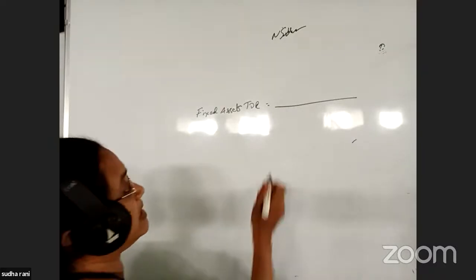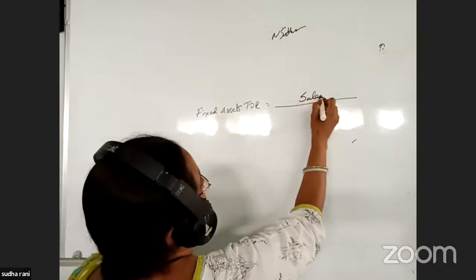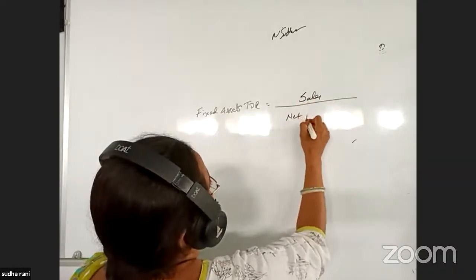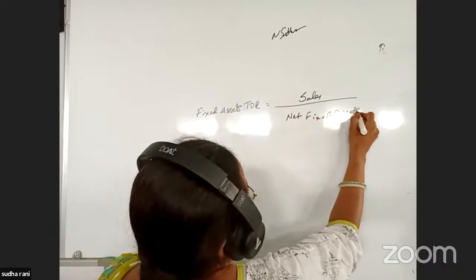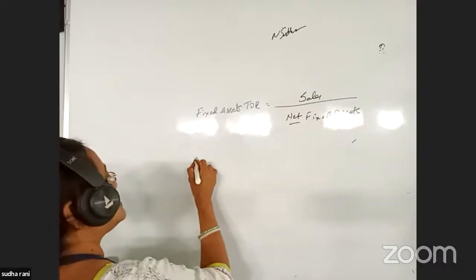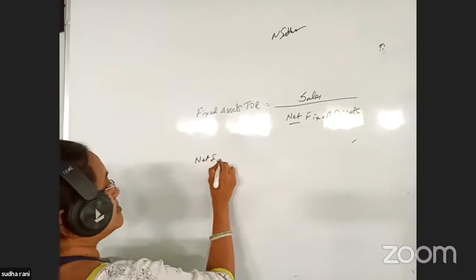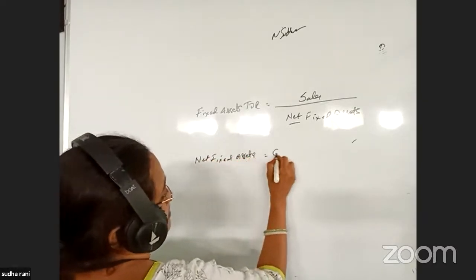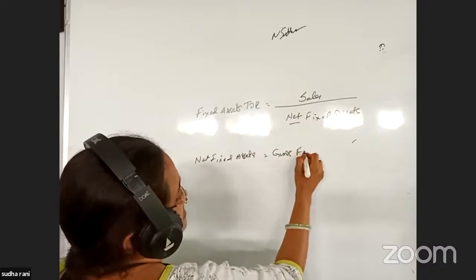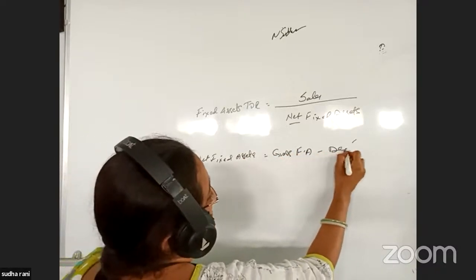Sales divided by net fixed assets. What does it mean by net fixed assets? Gross fixed assets minus depreciation.